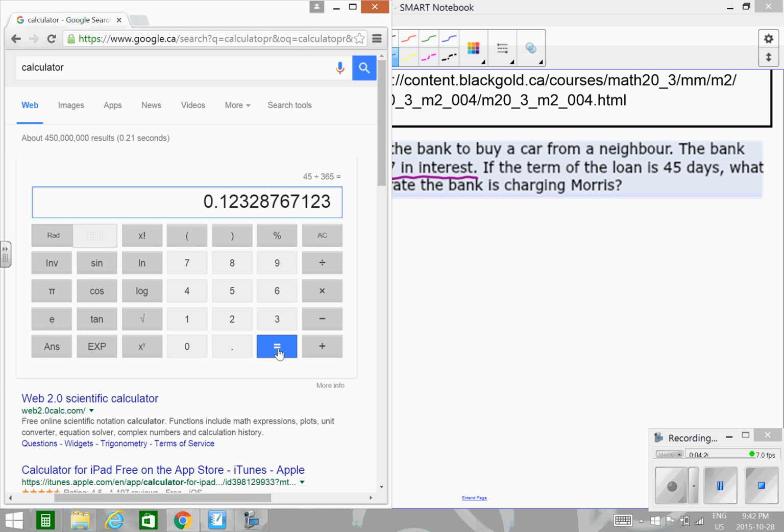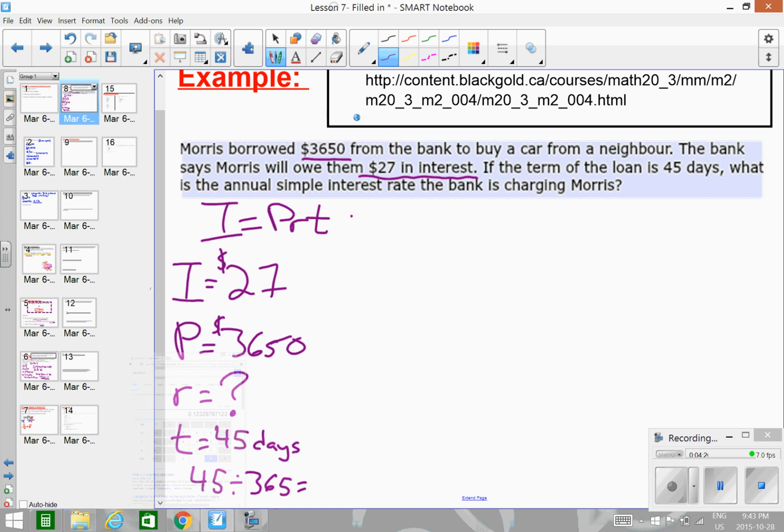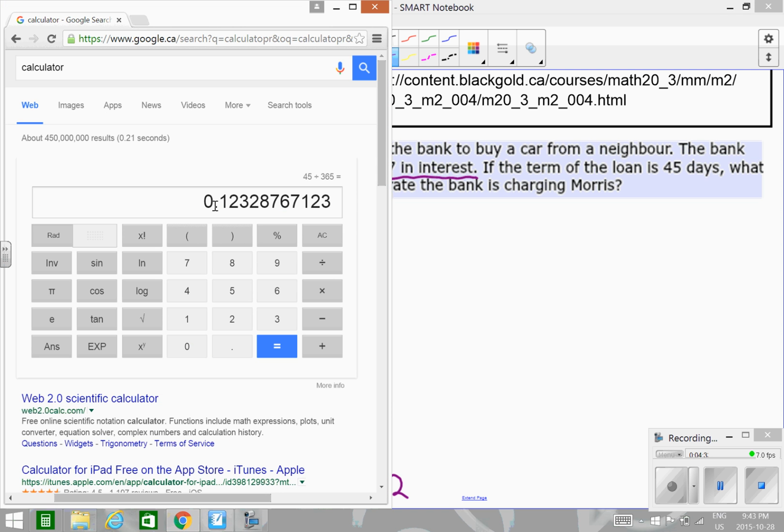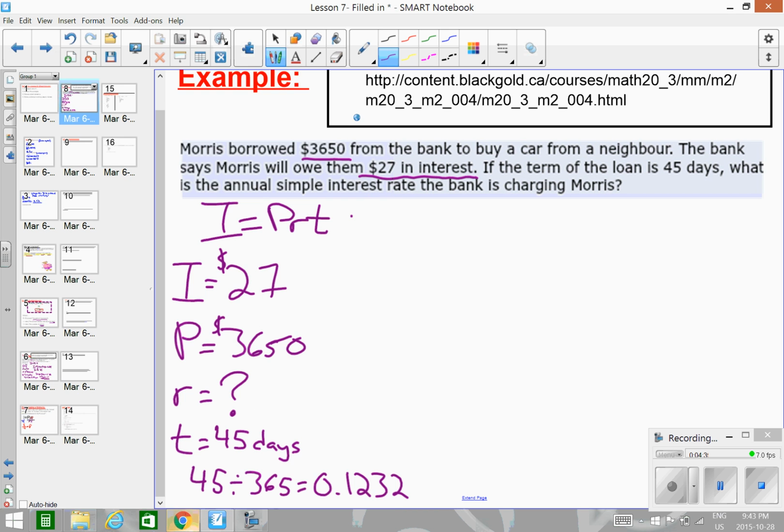I'm just going to round that a little bit to 0.123288. That's enough decimals, I think.